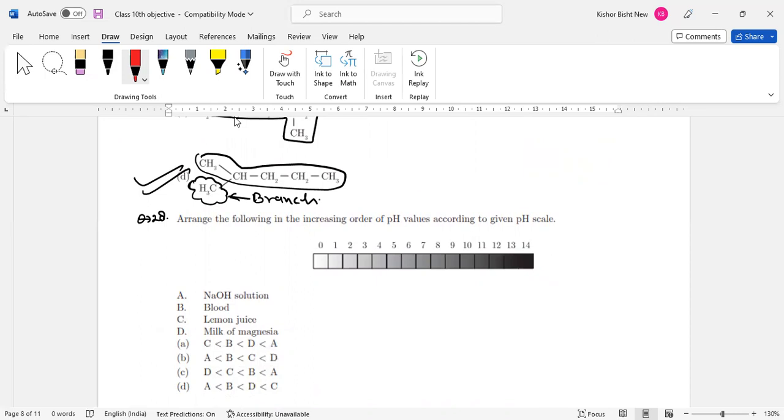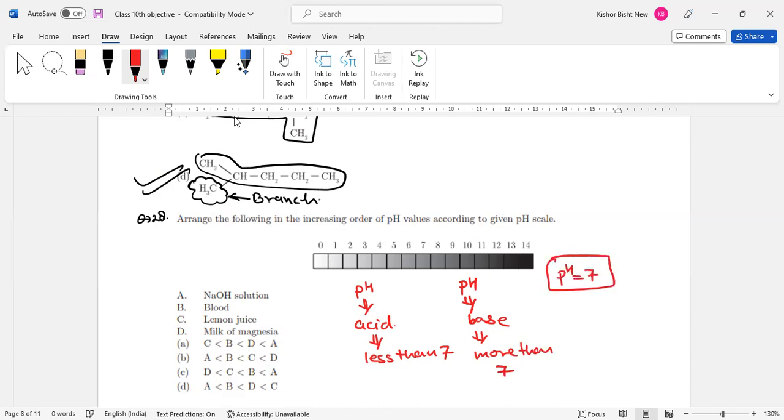If you remember, the pH of acid is less than 7. The pH of base is more than 7. And for a neutral substance, if pH is equal to 7, it means neutral.